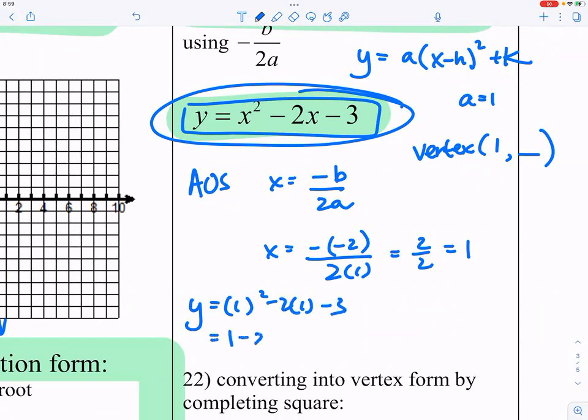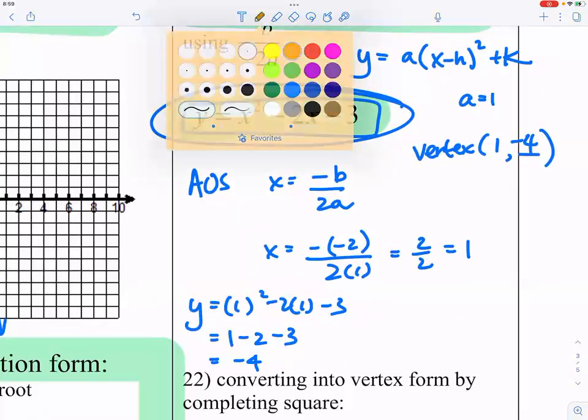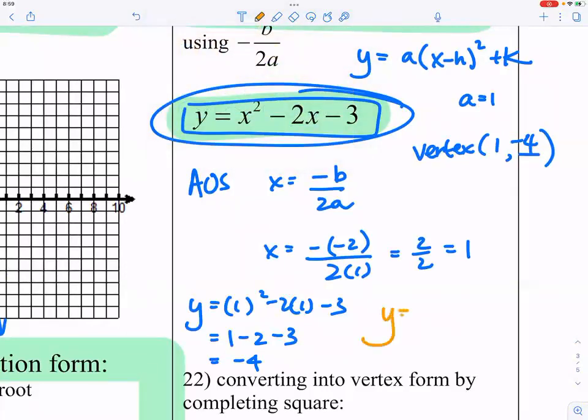So we have 1 minus 2 minus 3, which gives y equals negative 4. So the vertex is 1 comma negative 4. And as a result, the vertex form will be y equals a, which is just 1, and then parentheses x minus h squared plus k, like this.